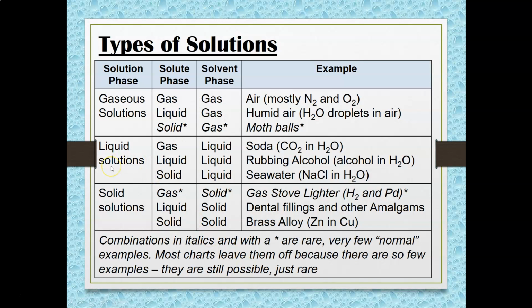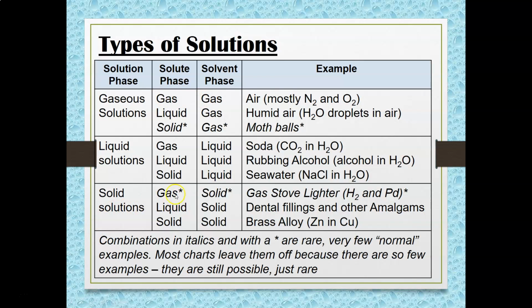You could have a liquid solution where you have gas dissolved in liquid, or liquids in liquids, or solid in liquid. These are probably the most common. And then maybe gas and gas.